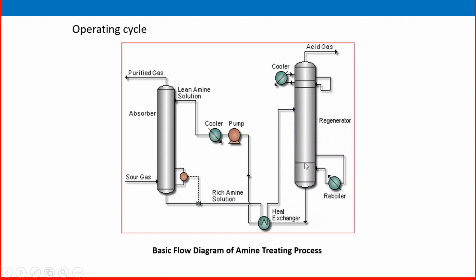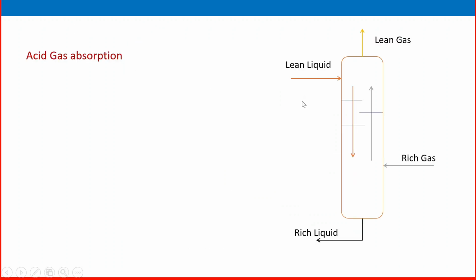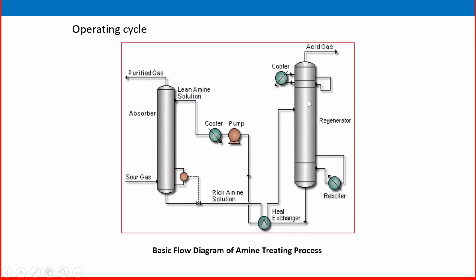The H2S vapor from the amine is boiling up and releasing, and H2S and water vapor slowly move up. Meanwhile, the rich amine solution comes down, so counter current flow is established here as well, and the acid gas is released. That acid gas is purely H2S with a little bit of water.